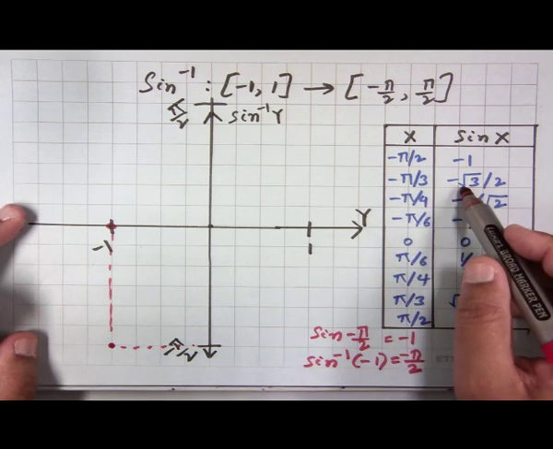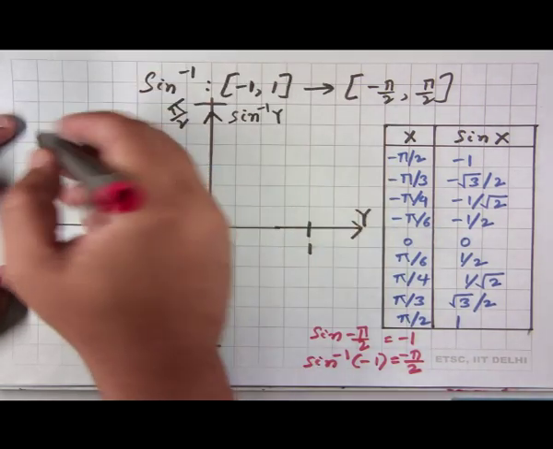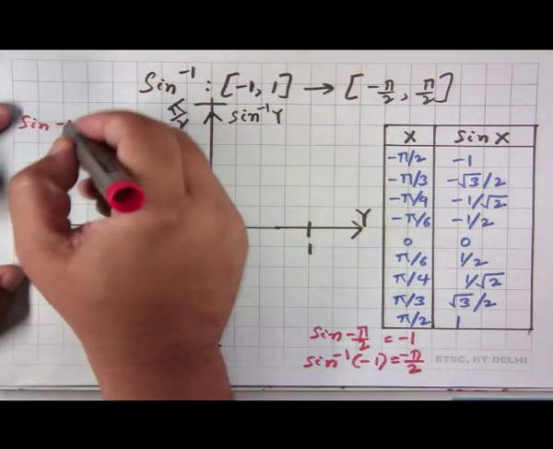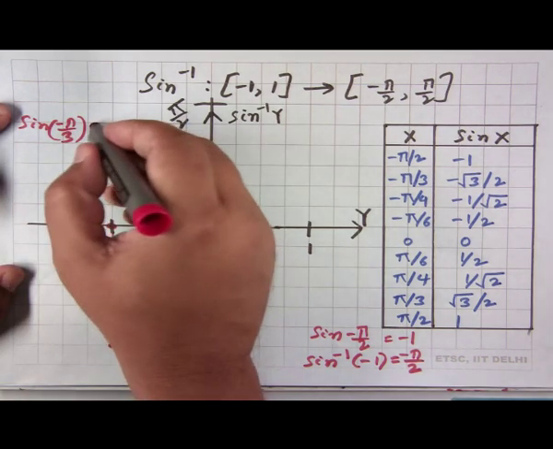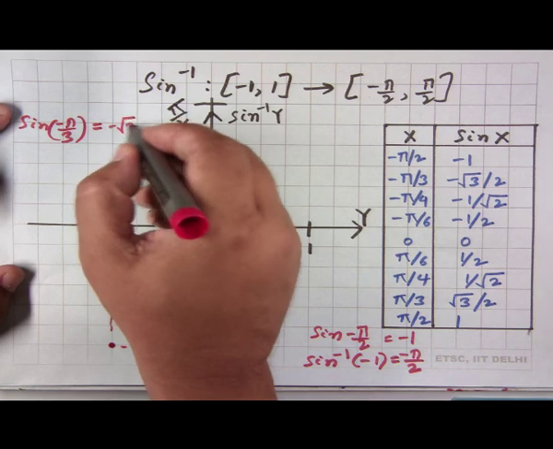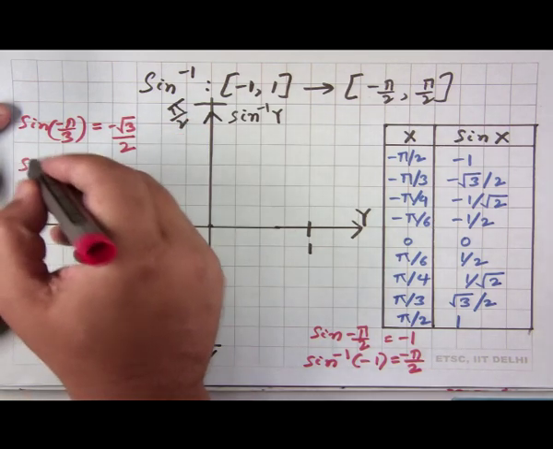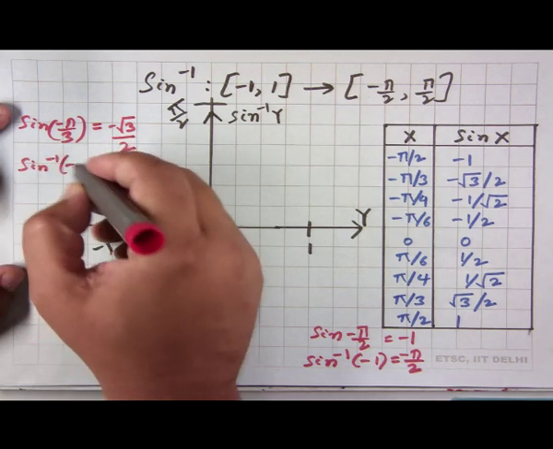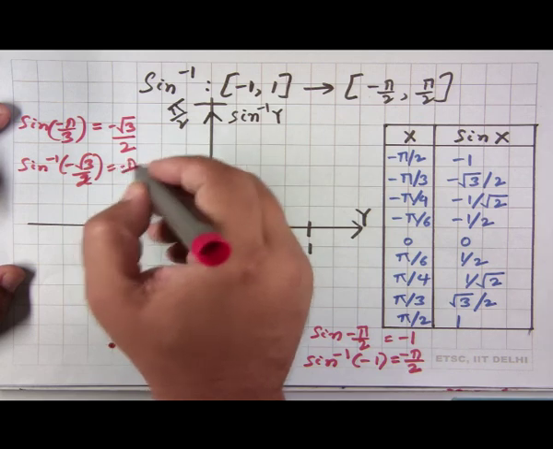Then moving further ahead, we have sine of -π/3, which is sine of -60 degrees, equal to -√3/2, and from there we can write that sine inverse of -√3/2 is -π/3.